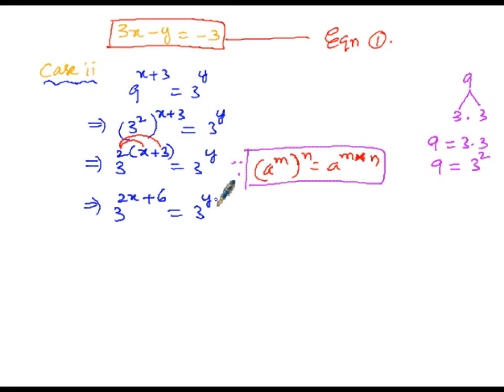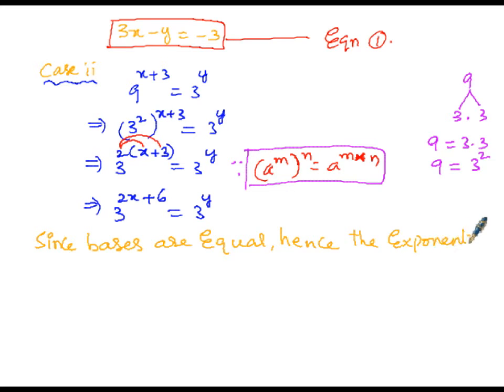Here the right hand side base is 3 and the left hand side base is also 3, they are equal, so we can write: since bases are equal, hence the exponents should be equated.